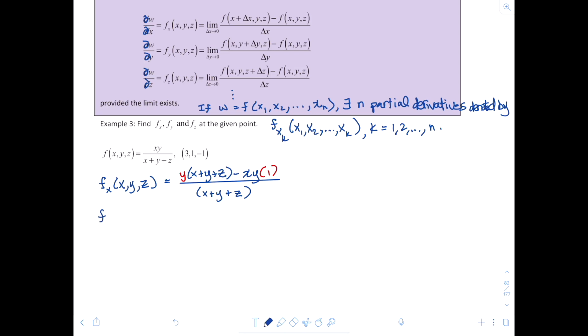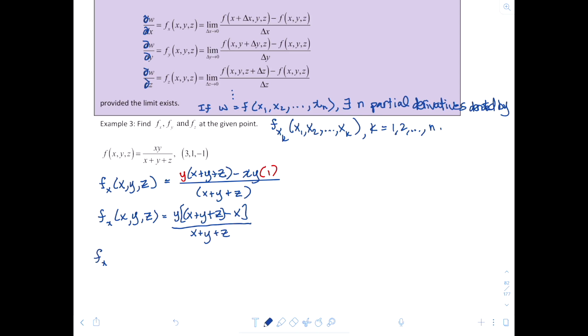So, fx of x, y, and z, cleaning it up, let's see, we could factor out a y, and then you would get x plus y plus z minus x over x plus y plus z.